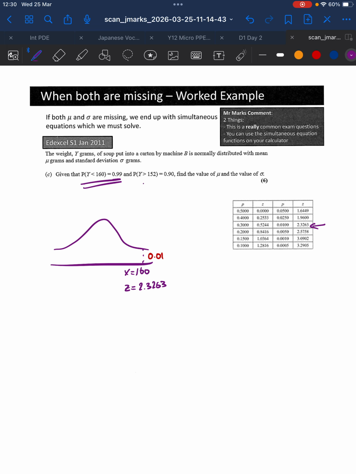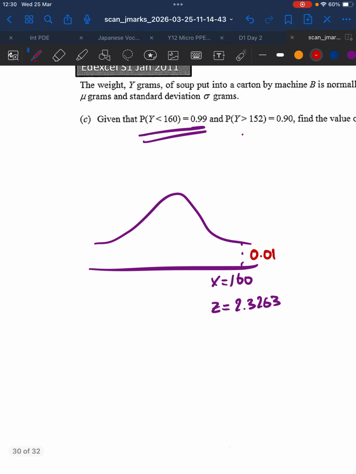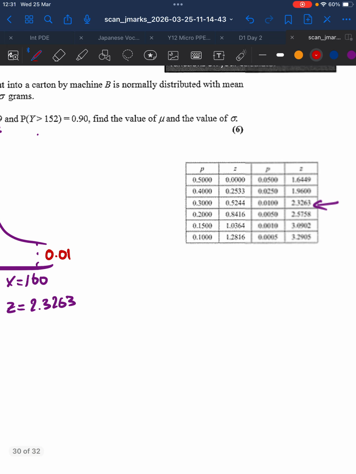Greater than 152 is 0.9. So that's somewhere here maybe. Okay, so that would mean that you have 0.1 below you. So what I need to do is take the 0.1 above and make it negative.